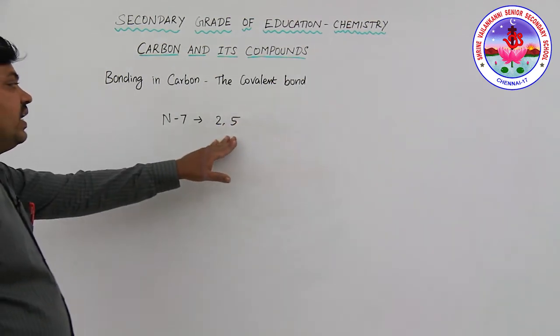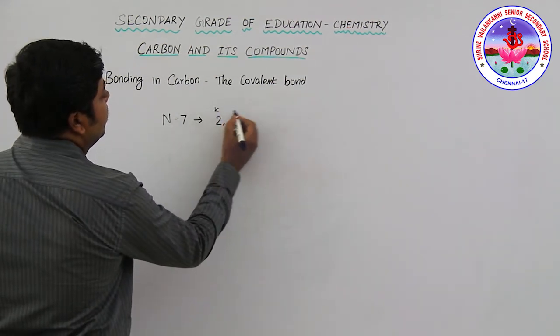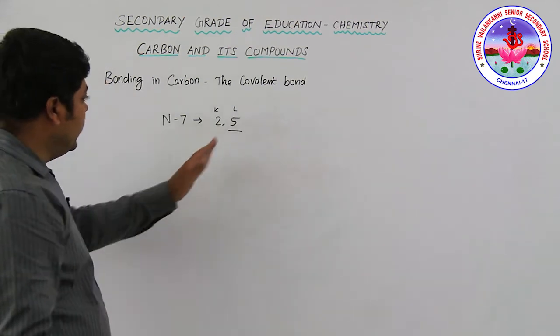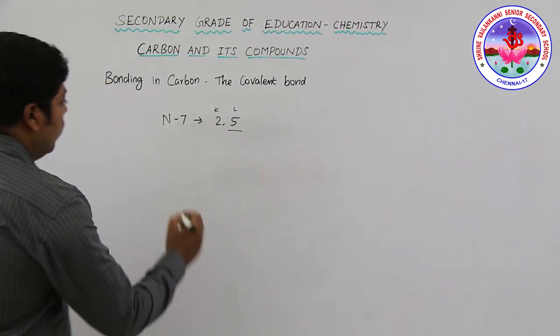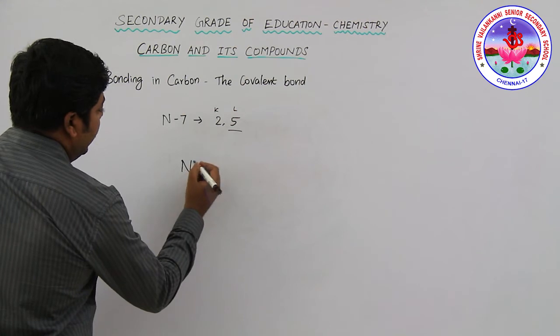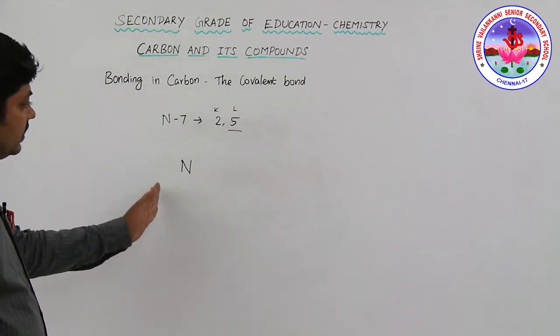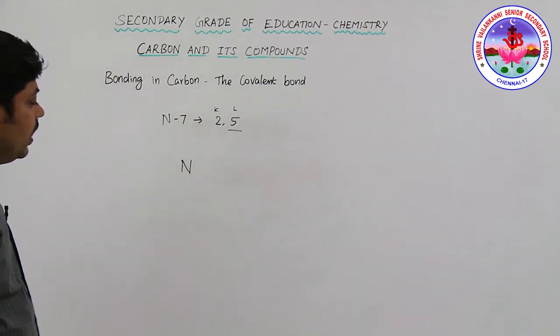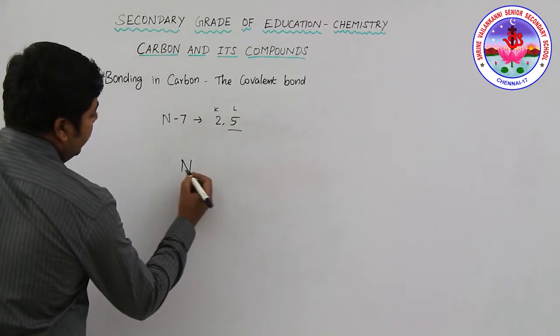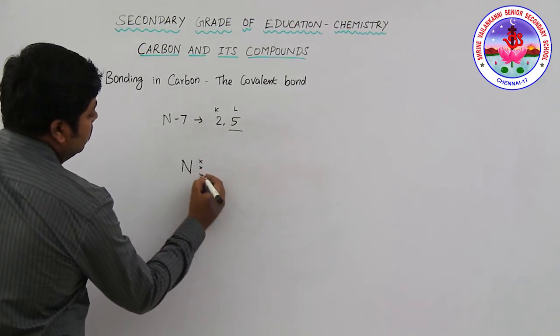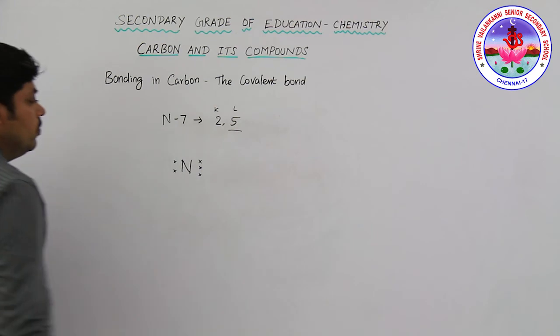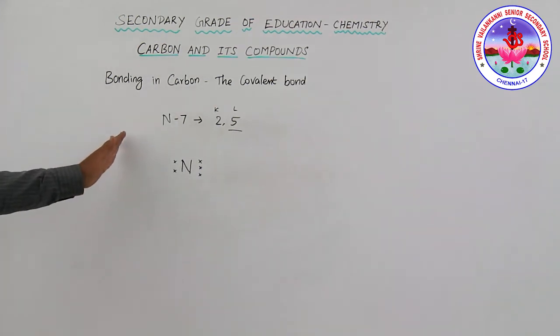Here the K shell has 2 and the L shell has 5 valence electrons, so that is the outer shell. Now write the nitrogen atom. Nitrogen also exists as the N2 diatomic molecule. So the valence shell you can write as 3 and 2.